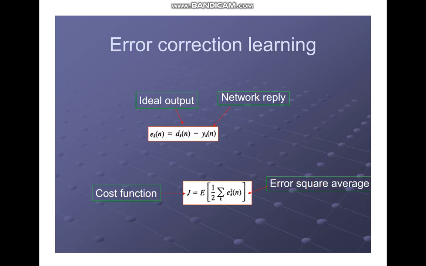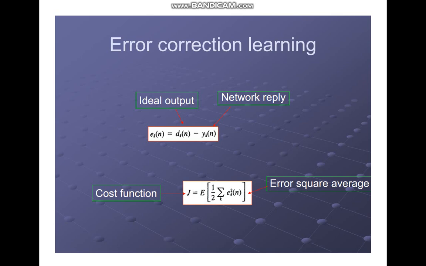What is error correction? Error correction learning, or back propagation, works with the error signal, which is the difference between the actual output, the desired output, and the network output.